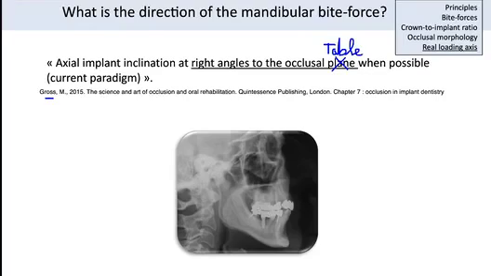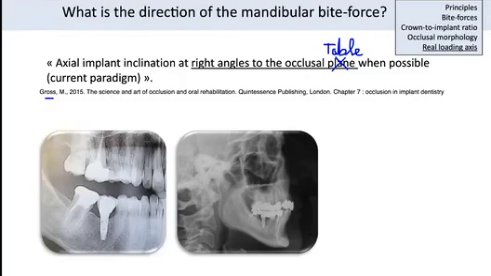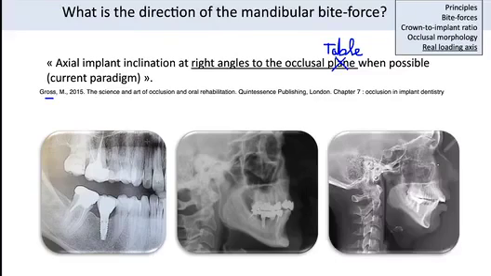Why? Because the occlusal plane is a myth. It is not a plane, it is a curve. Name it curve of Spee. That means each occlusal table has a different inclination. And when you see these pictures, you can imagine that the direction of the implant is not like the direction of the natural teeth.